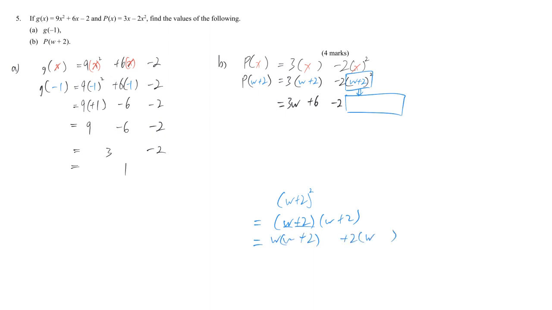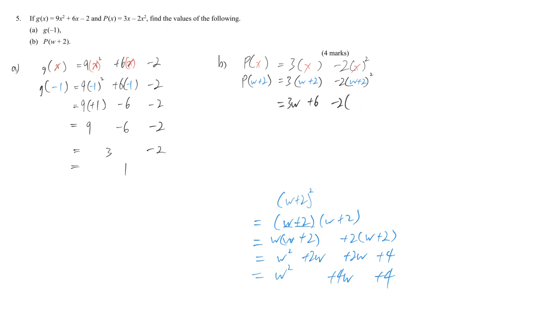What is outside is also w + 2. Therefore, we have w squared + 2w + 2w + 4. So we combine the like terms, we find that the simplest version is w squared + 4w + 4. So I'm going to replace this part by this item.